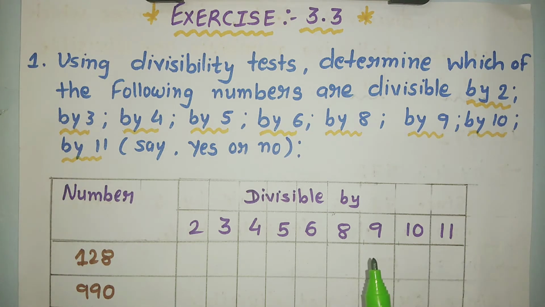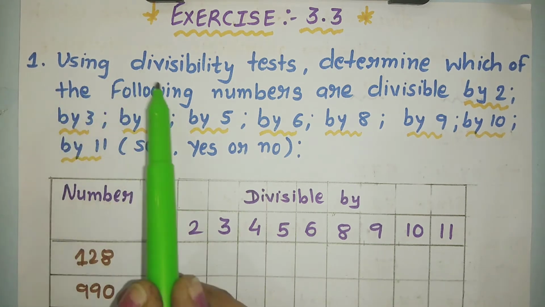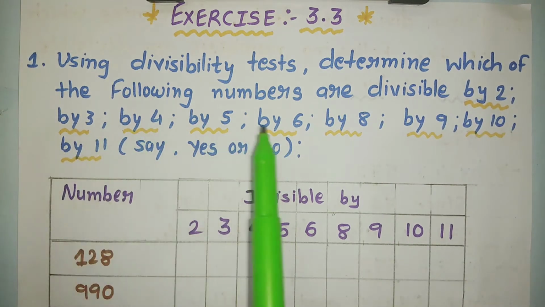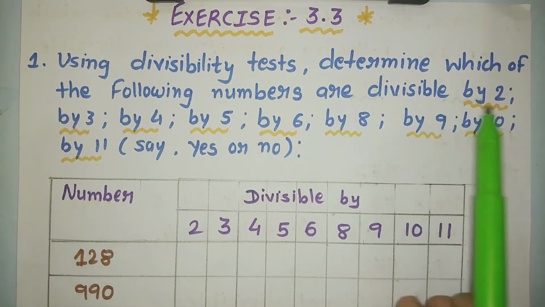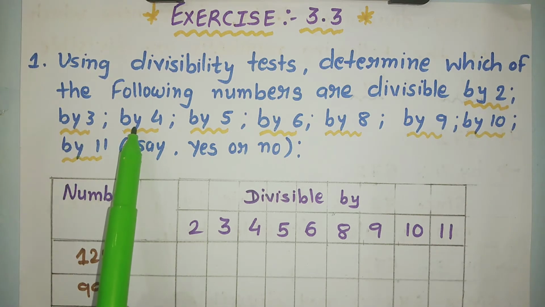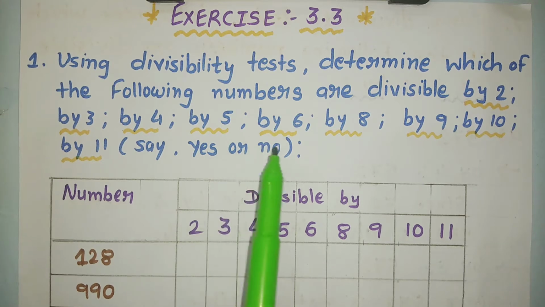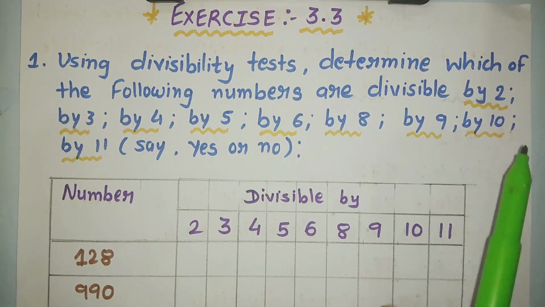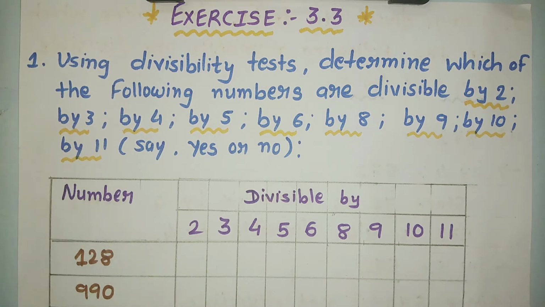So let's start with exercise 3.3, question number 1. Using divisibility tests, determine which of the following numbers are divisible by 2, 3, 4, 5, 6, 8, 9, 10, 11, and we have to write yes or no in the particular box.